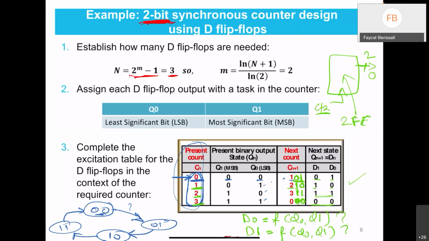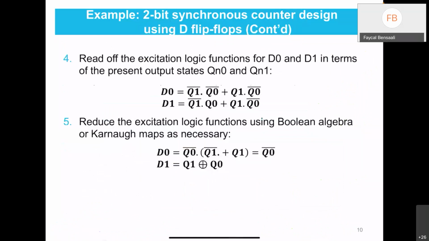From this truth table, of course, I'm not going to repeat how to get them. So we will get D0 equal to Q0 bar. I don't need any circuit, any components. I will just take Q0 bar and connect it to D0. D1 is equal to Q1 XOR Q0.